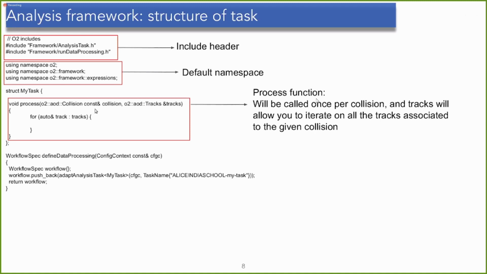Then you just give a name of the tracks here, and you can use the track loop this way. Basically, by doing this, you will access all the available events in your AO2D.root, and for each event you will run a track loop, and you can run the track loop using this format.